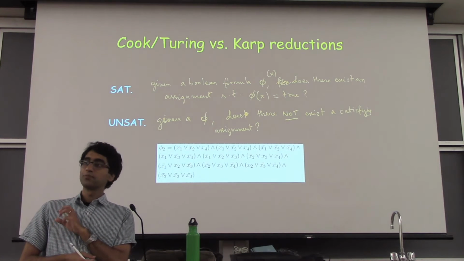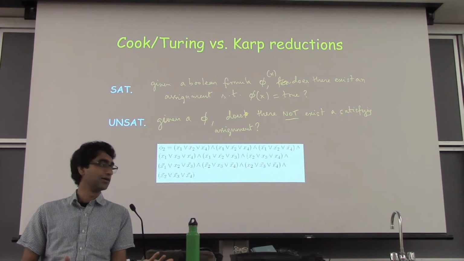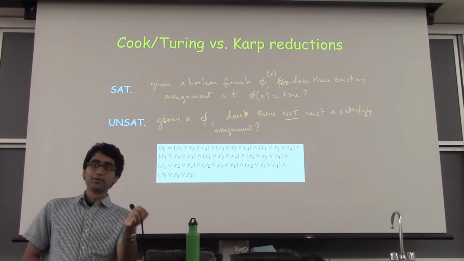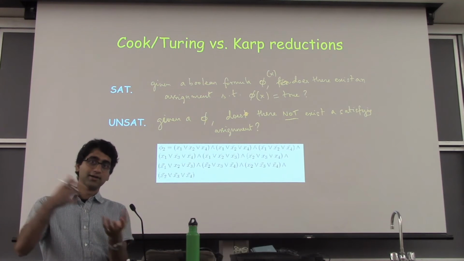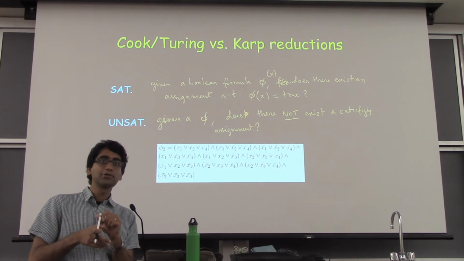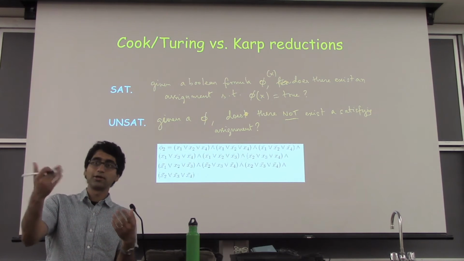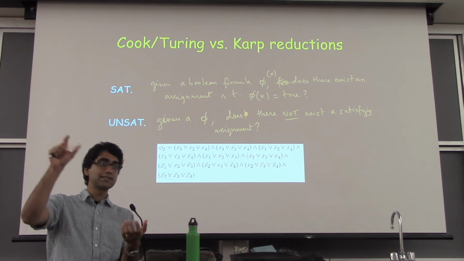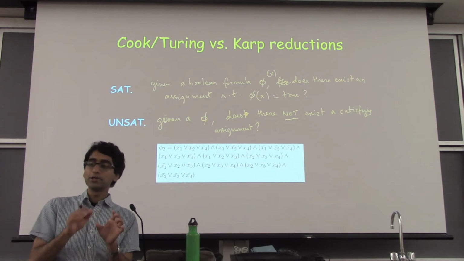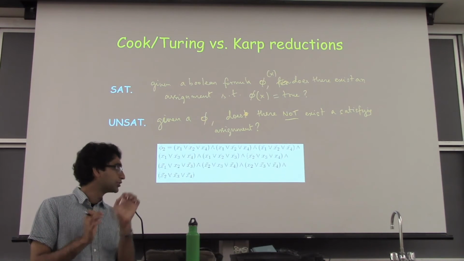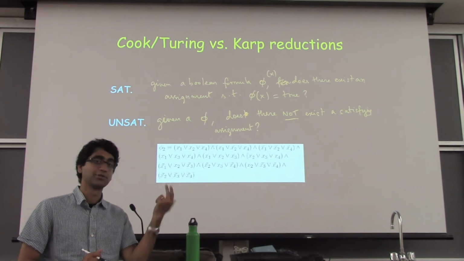So intuitively, you would say that these two problems are as hard as each other, right? Because if I have an oracle for SAT, and I get a new formula and want to show that UNSAT is easier than SAT, I could say: let's say I get some formula phi, I just call that oracle, and if the answer is yes, I return no, and if the answer is no, I return yes. And you can do the same to show that SAT reduces to UNSAT.